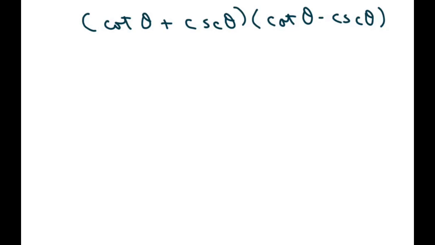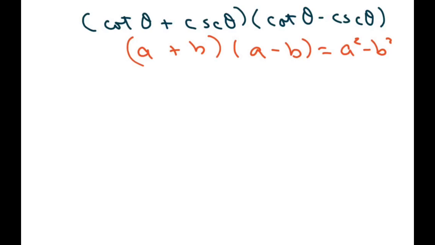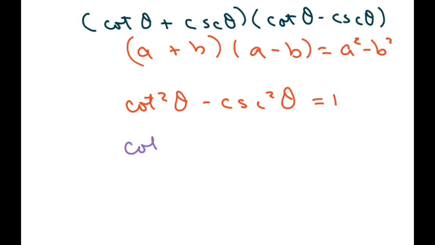The next one is a plus b times a minus b, which equals a squared minus b squared. So that's going to be cotan squared minus cosecant squared. And we know that equals 1. The reason we know that is because our identity is cotan squared of theta equals 1 plus cosecant squared of theta.